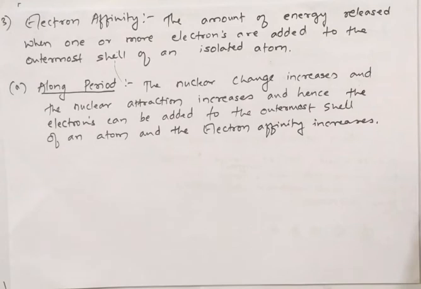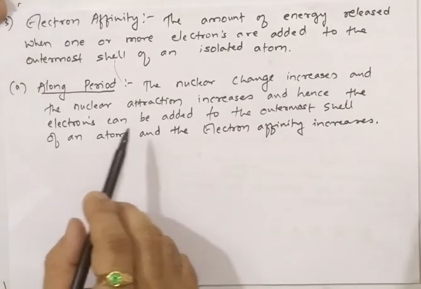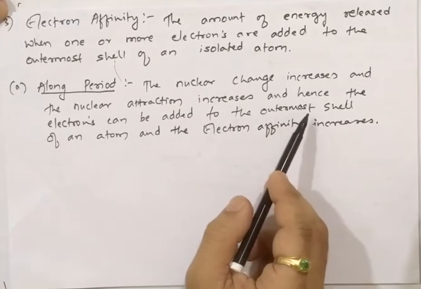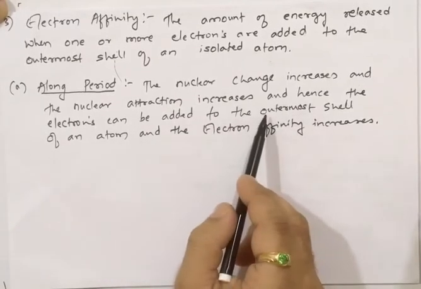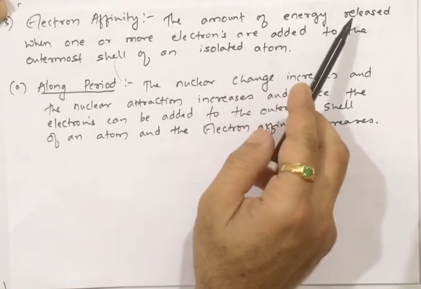Electron affinity increases. Why electron affinity increases? Because we can easily add the electron to the outermost shell. So if we are adding electron to the outermost shell, then energy release will be more, correct or no?